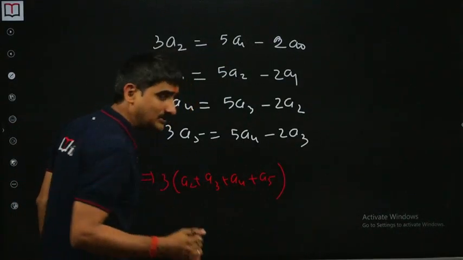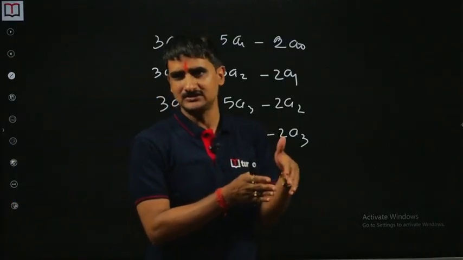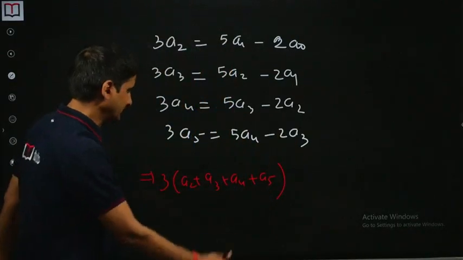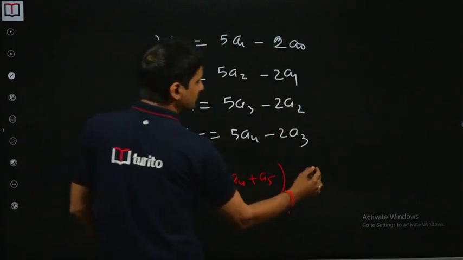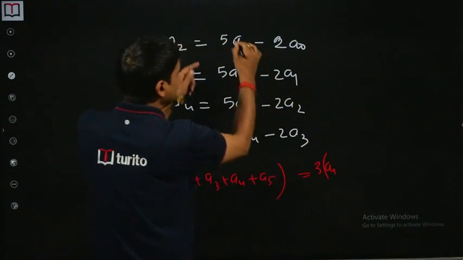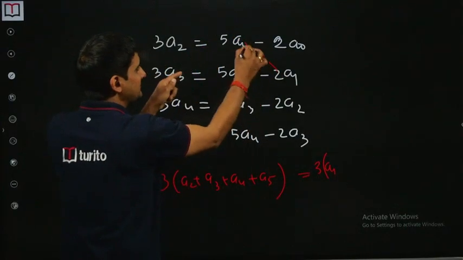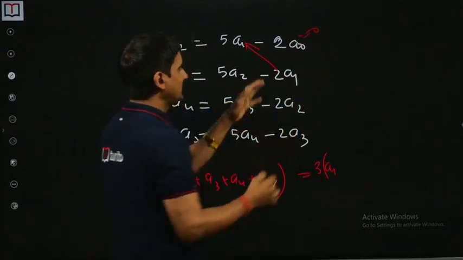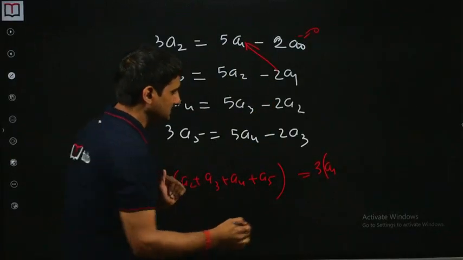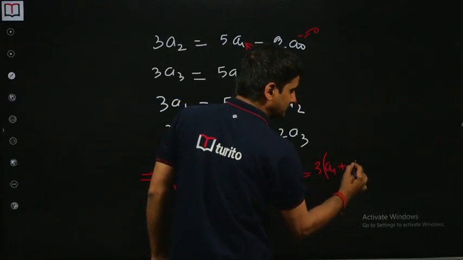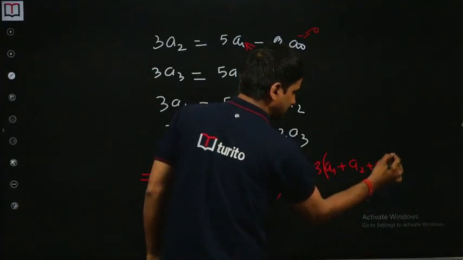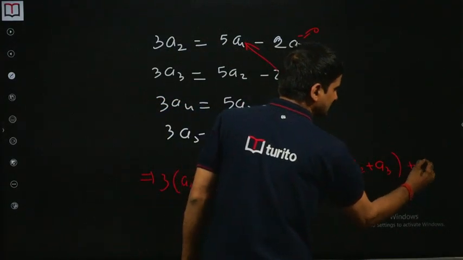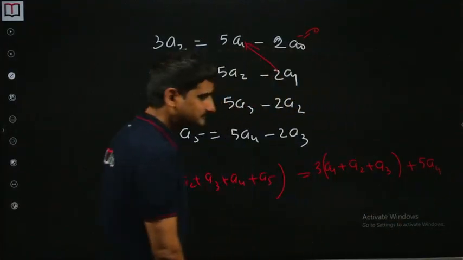Mind it that we need a1 plus a2 plus a3 plus a4 plus a5. When you add up, you get 3a1. See, these two get simplified, 3a1, and that's 0. And then this is 3a2, 3a3. So 3a1 plus 3a2 plus 3a3, and then the extra one is 5a4.